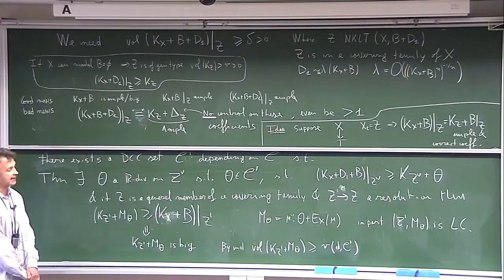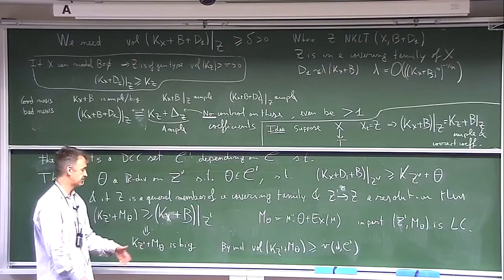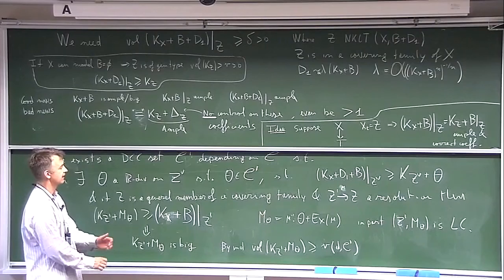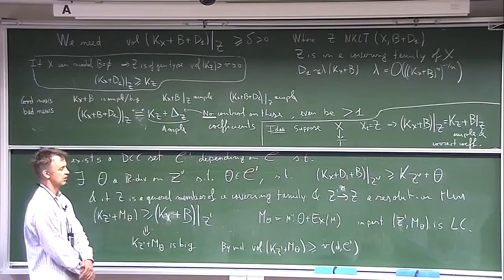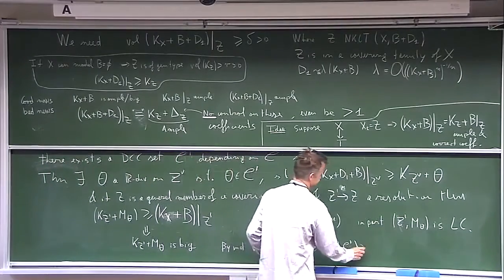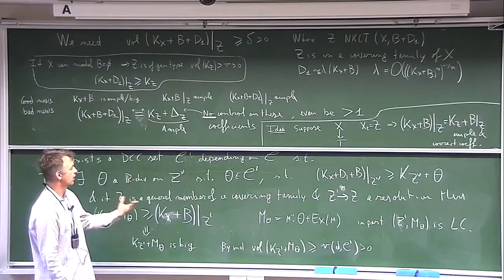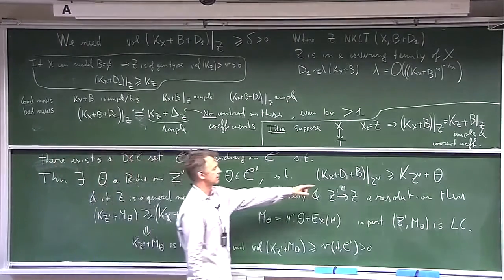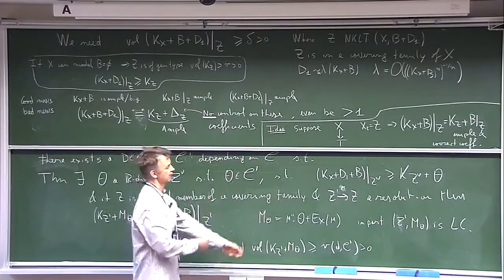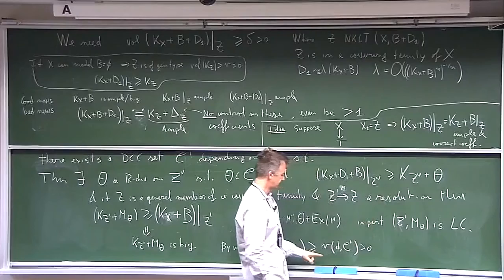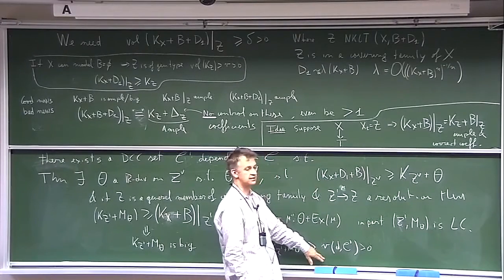Because those are log canonical pairs where K plus the boundary is big, and so my theorem in dimension one less gives me a lower bound on their volume. But then on the normalization, this is just a push forward of this guy. So the volume of this guy is also bounded from below by this constant. And so this volume is bounded from below by that constant, and I win.